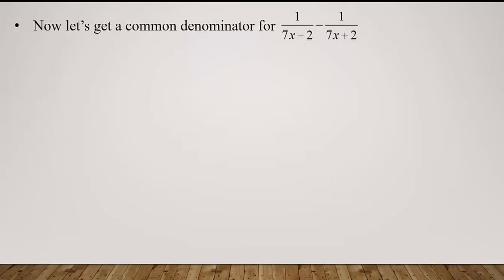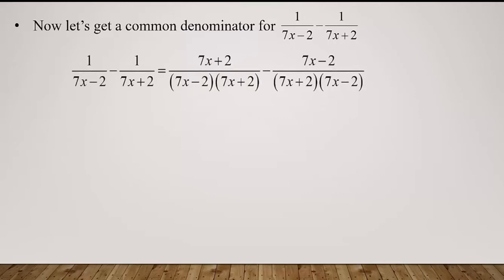Now, what if I just solve this? 1 over 7x minus 2 minus 1 over 7x plus 2. And let's say I wanted to get a common denominator here to make one fraction. Well, let's go through the process of getting a common denominator. So the common denominator would be 7x minus 2 times 7x plus 2. So this fraction would be written like this with the common denominator, and this fraction is written like this with the common denominator.